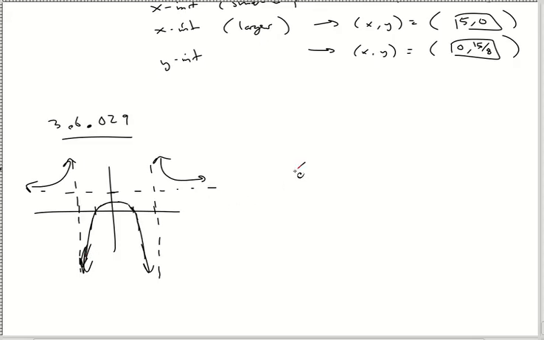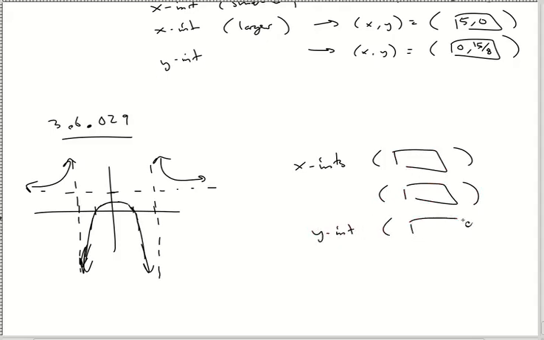Cool. So from this graph, what are my x-intercepts? And I think it's the smaller and the larger one again. That kind of stuff. Find the y-intercept. I'll show you about that one here in just a second. That's kind of a little weird. And then they got some more stuff. Let's just talk about these for just a second. X-intercepts are pretty easy right here. We've got a negative 1 here, we've got a positive 1. So I'm going to say negative 1 comma 0, positive 1 comma 0.